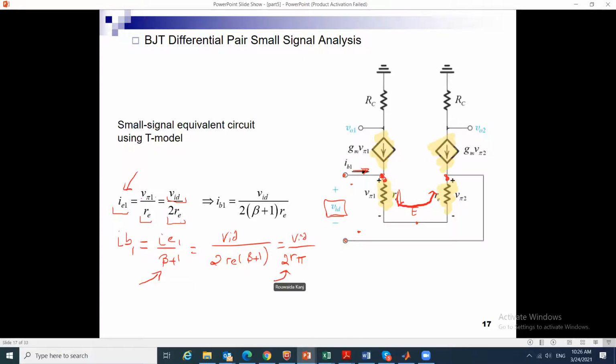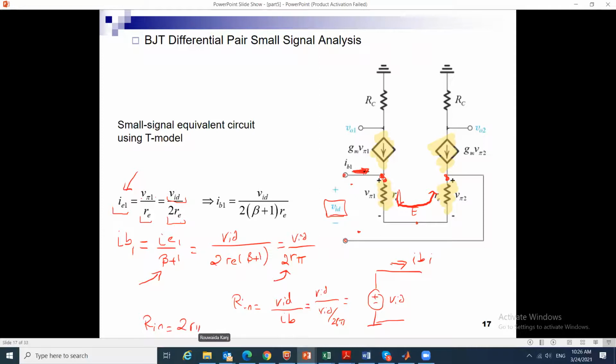Okay, this IB, I have here VID between those two nodes. Okay, and now if I find IB, really Rin is equal to VID over IB, right? VID over IB. Okay, so what is Rin? It is VID over VID over 2R pi, and so this is going to be equal to 2R pi.